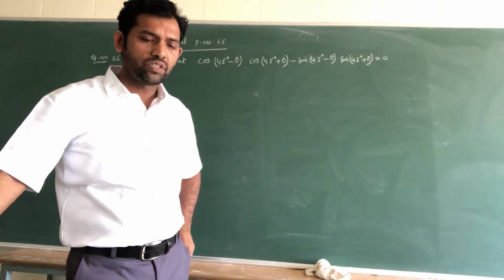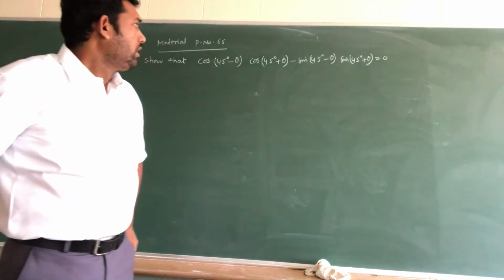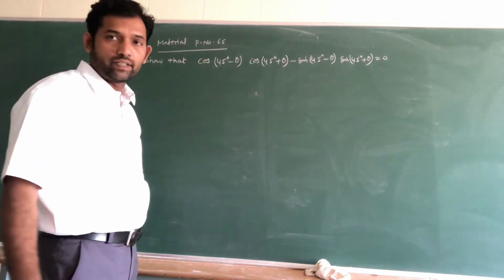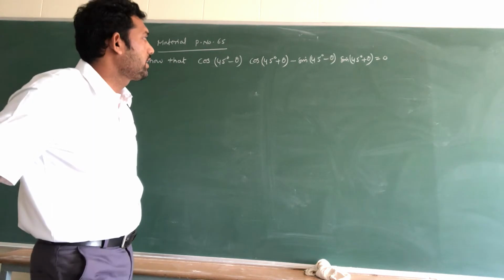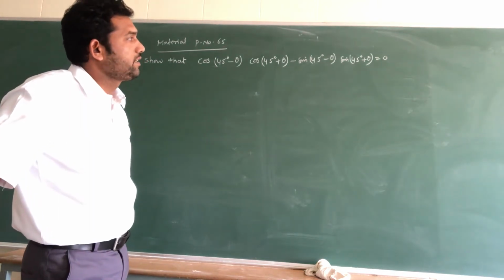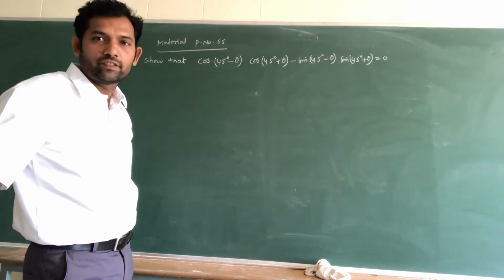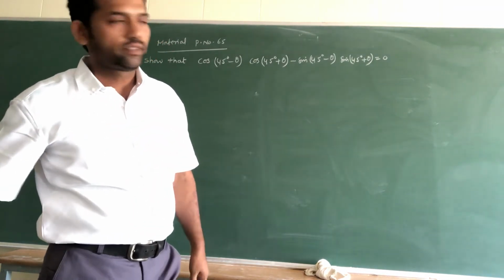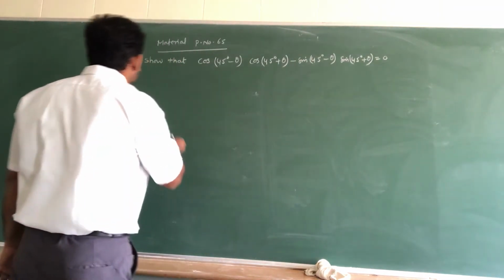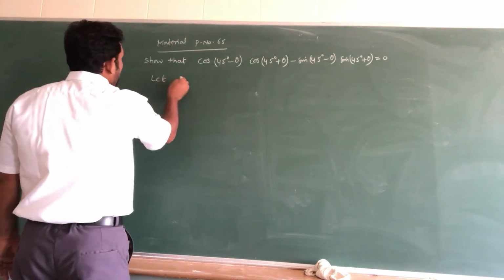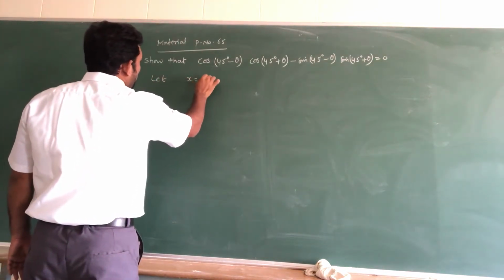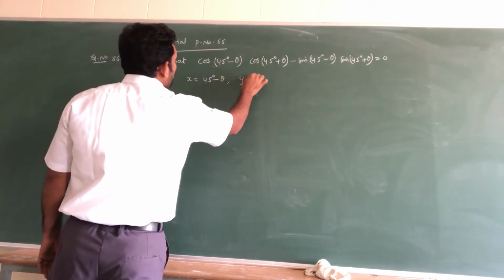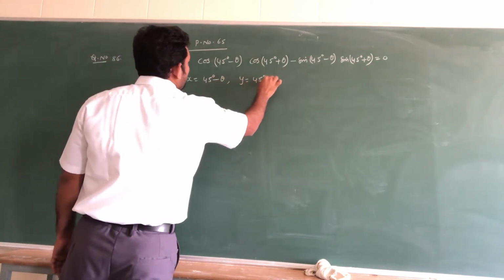So I have written one question, you see. cos(45 degrees minus theta) cos(45 degrees plus theta) minus sin(45 degrees minus theta) sin(45 degrees plus theta). This is comparing with a formula. Suppose let x equal 45 degrees minus theta and y equal 45 degrees plus theta.